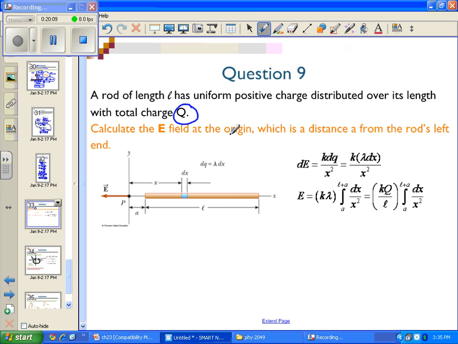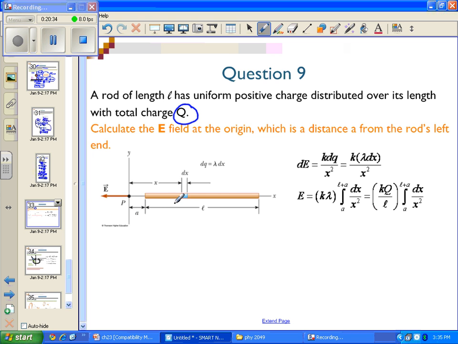Calculate the electric field at the origin, which this source, that is this uniform positively charged rod, produces at this point in space. So notice this time we don't have a single particle, which is a source charge, like the previous problem where we wanted the electric field at the origin.